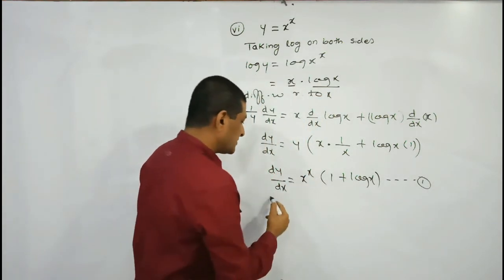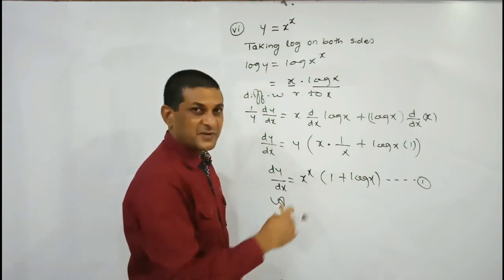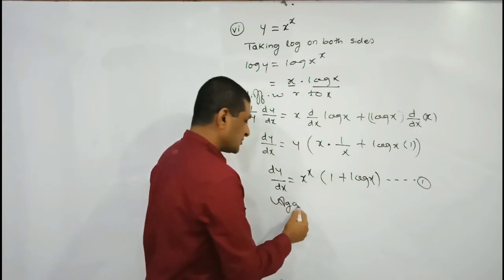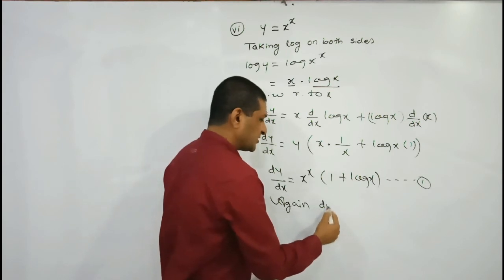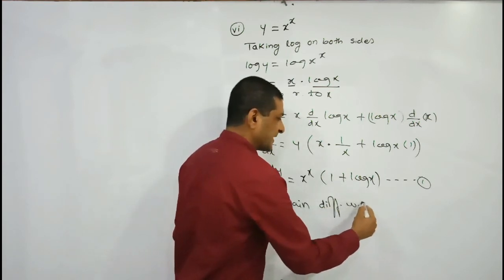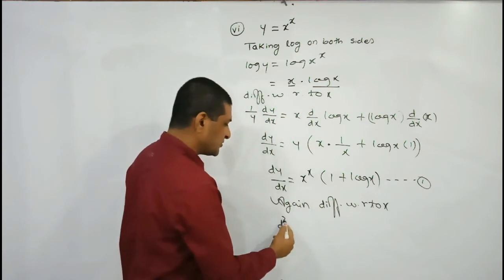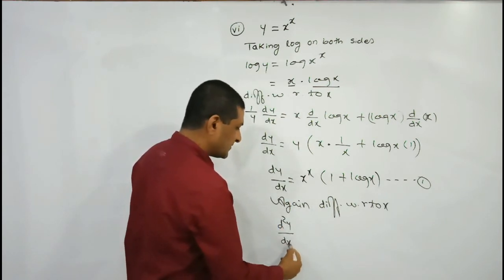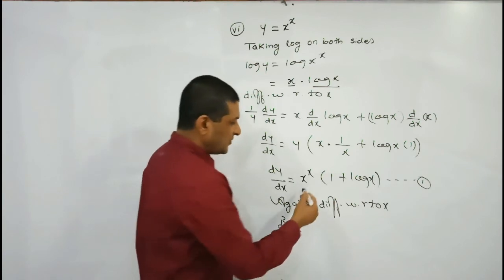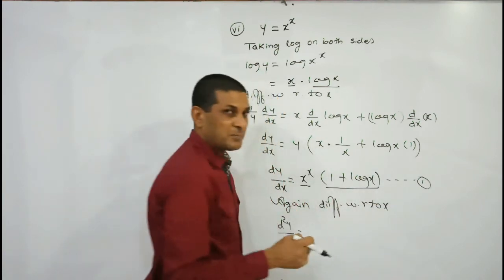Now to find the second order derivative, we have to again differentiate it with respect to x. So the derivative of dy upon dx is d2y upon dx square. On this side, to find the differentiation, we have to apply the product rule.